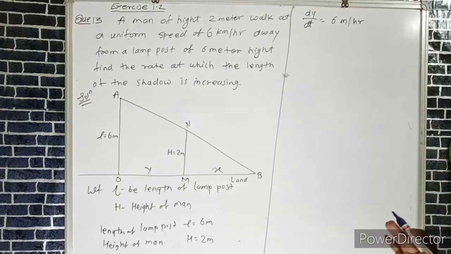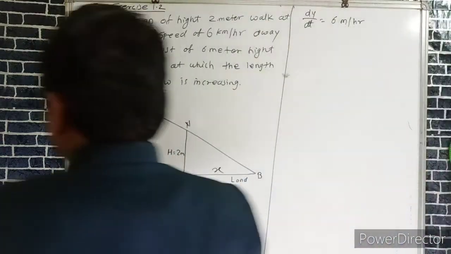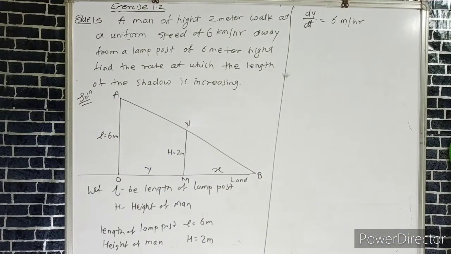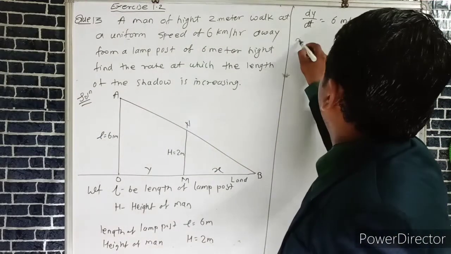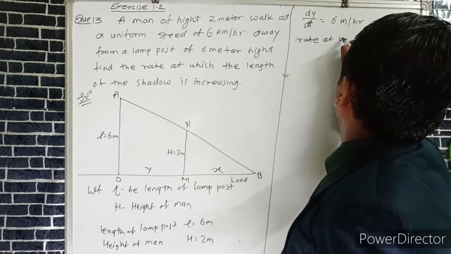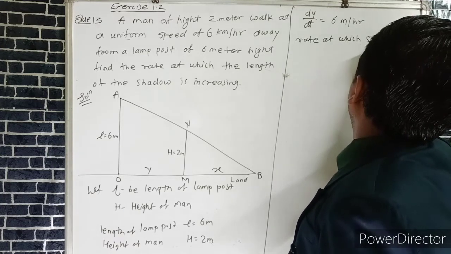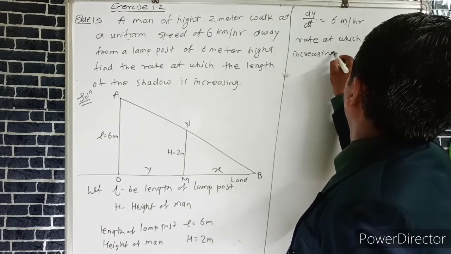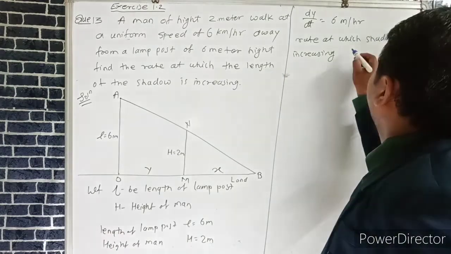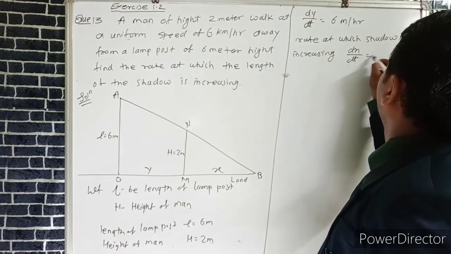So it is clear that we have to find the rate at which the shadow is increasing. Here we have to find dx upon dt is equal to what?